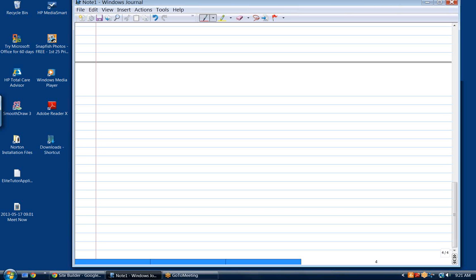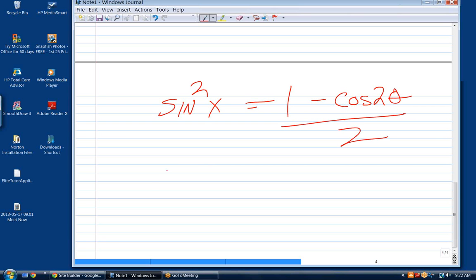What is the integration by parts reduction formula? The reduction formula is where you take sine squared of x and you reduce it to one... I think it's 1 minus cosine of 2 theta over 2, and cosine squared of x is equal to 1 plus cosine of 2 theta over 2.